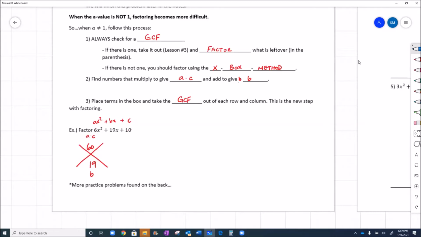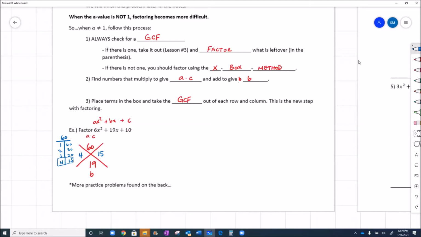If you have trouble thinking of those, remember we said we could do a T-chart. I kind of have those numbers in my head already. 1 and 60, 2 and 30, 3 and 20, 4 and 15. 4 times 15 is 60, 4 plus 15 is 19. 4 and 15 work out for us here.